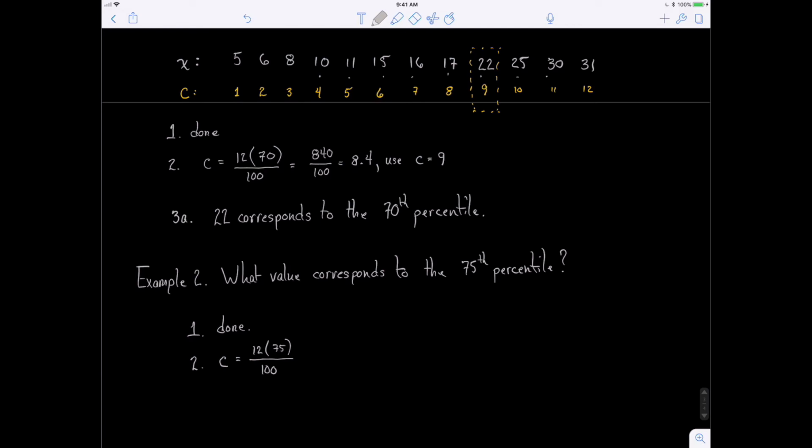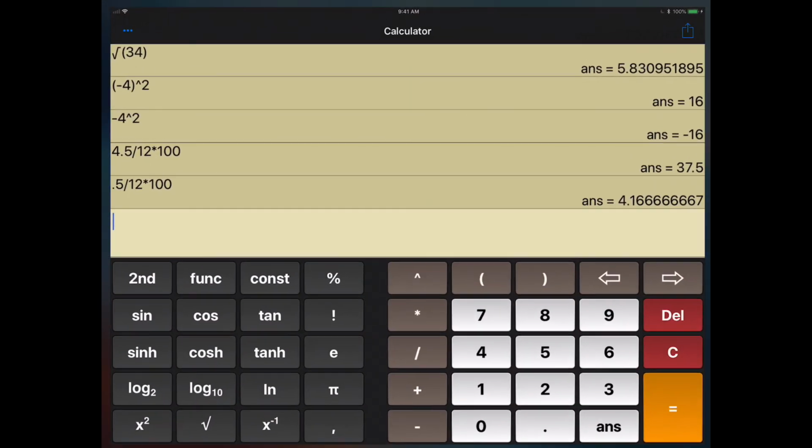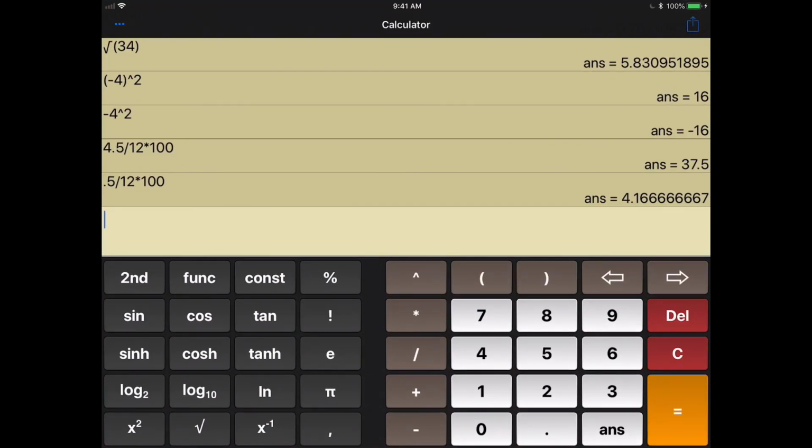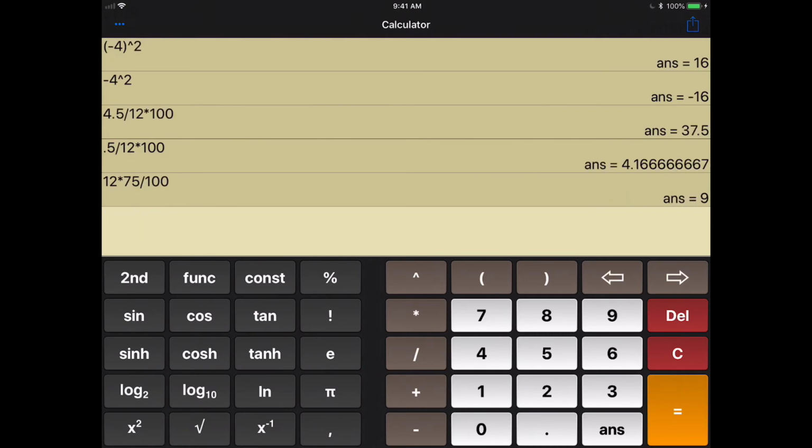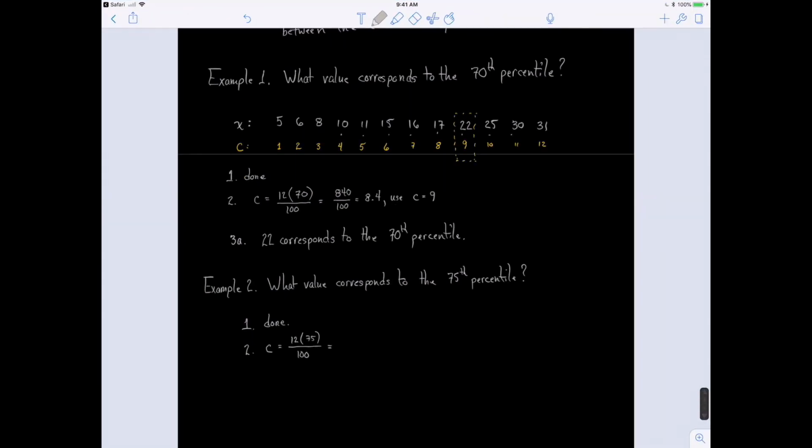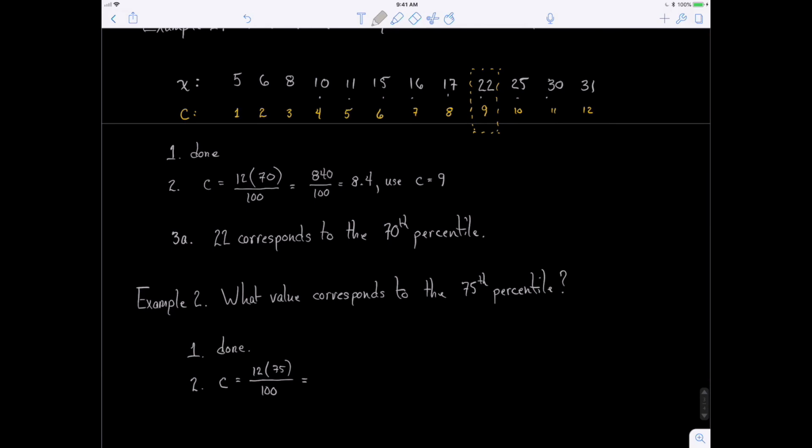If you're not sure, what you should do is go to your graphing calculator or your TI-84, and type in 12 times 75, and then divide it by 100, and let's see what we get. We get an answer of 9. So C equals 9.